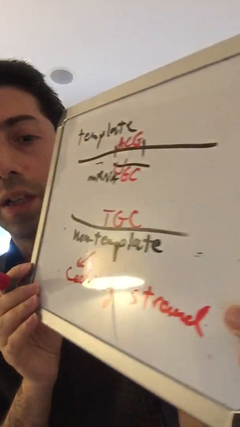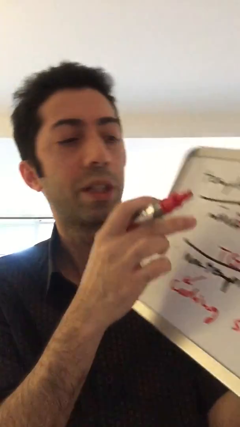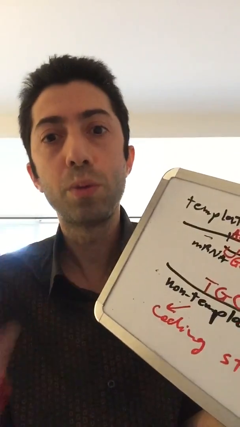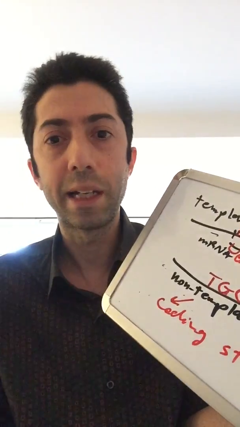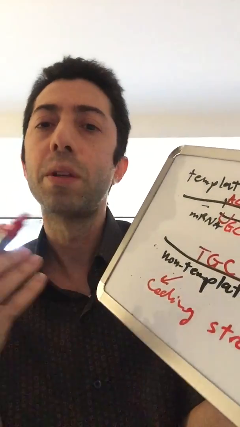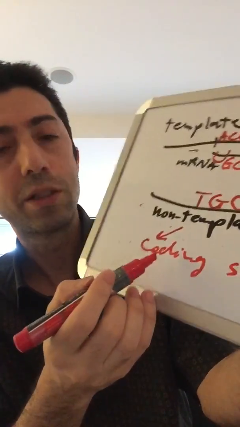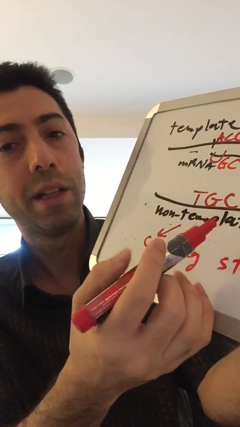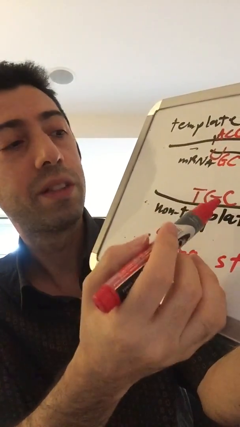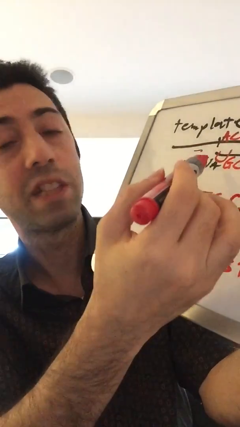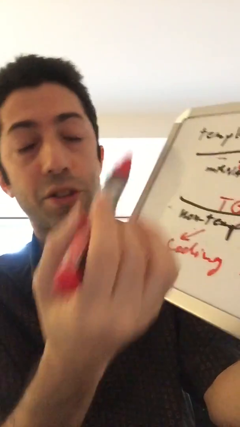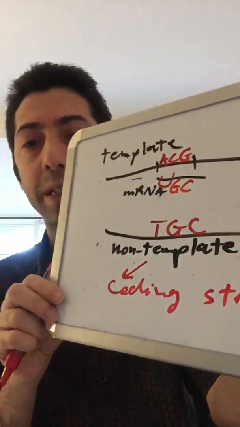A lot of you had confusion here. Intuitively, you may say the original one, the template one, which codes for mRNA and the protein, should be coding, but not really. Coding strand is the complementary strand of the DNA whose sequence matches the mRNA. That's the trick. All right, I hopefully made it clear to you.